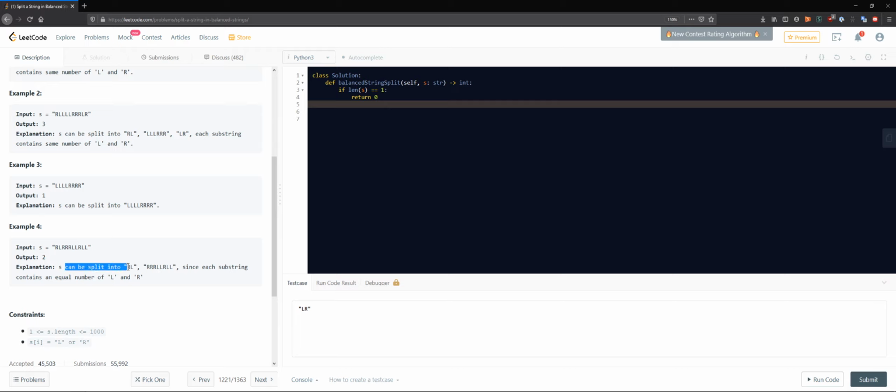This can be split into R, R, L, R, R, L, since each substring contains an equal number. That doesn't make much sense to me right now, because you could also split it into a smaller substring. Okay, I see. So you cannot really split it into a substring containing. So they really go from left to right, eh? Okay. That doesn't sound like an algorithm.